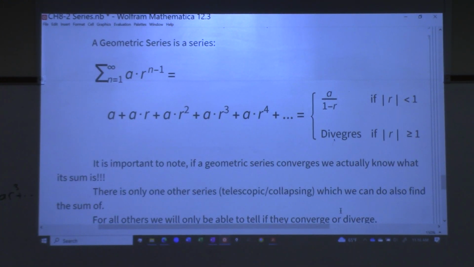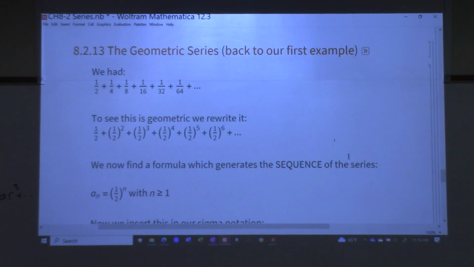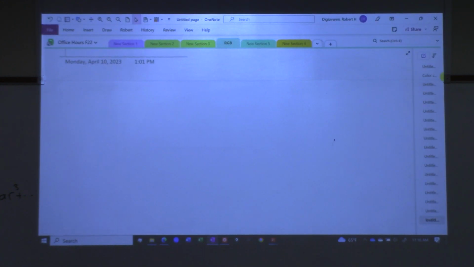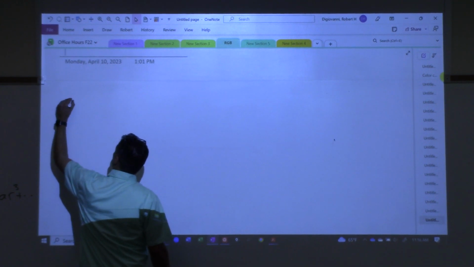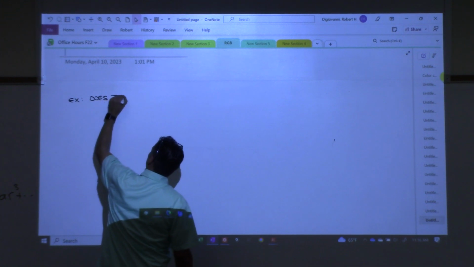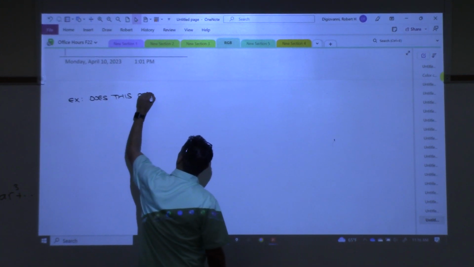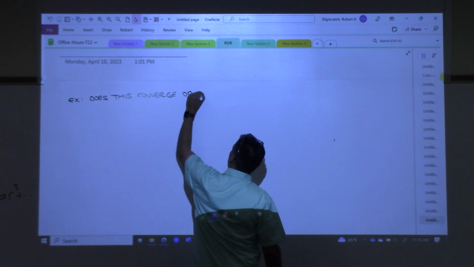So let's just get to an example. Let's do the one we just had. Okay. So example, does this converge or diverge?